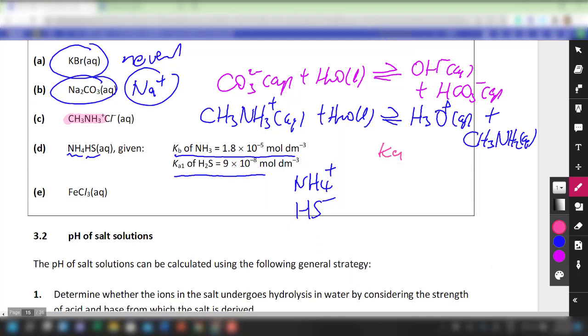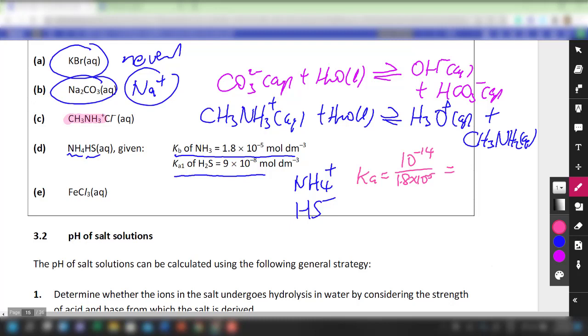Okay, how do I derive the Ka of ammonium? Essentially the Ka is simply the Kw, which is 10 to the power minus 14, divided by the Kb, which is 1.8 times 10 to the power minus 5. If we take a calculator and punch, we should be able to get an answer out.